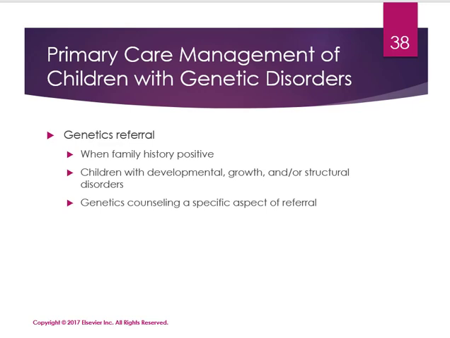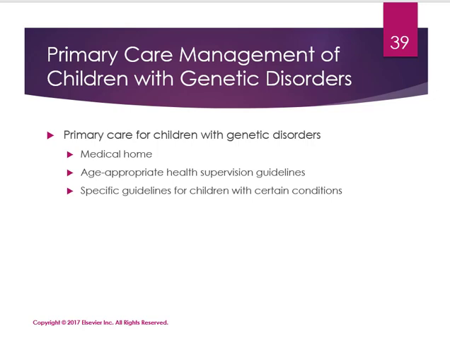When a family history is positive, then there needs to be a genetic referral. If you have children with developmental growth or structural disorders, they need to be referred. And genetic counseling is so important and needs to be a specific aspect of the referral.